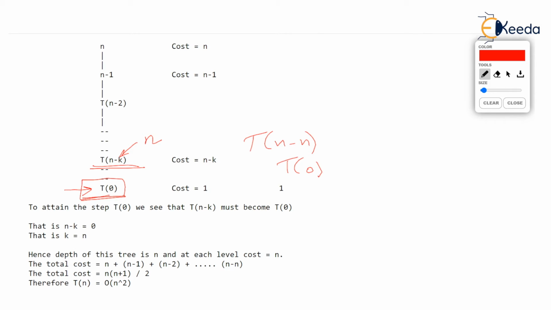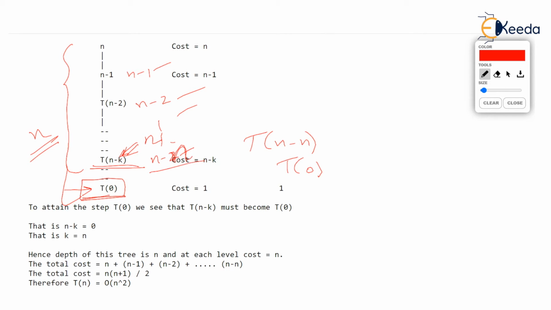Now, if k should become n, you again observe that the number of levels over here is n. In this tree, the number of levels is n because we have started with n minus 0, then n minus 1, then n minus 2, up to n minus n. So come on, 1, 2, 3, n, isn't it? We reach n minus n and we stop.